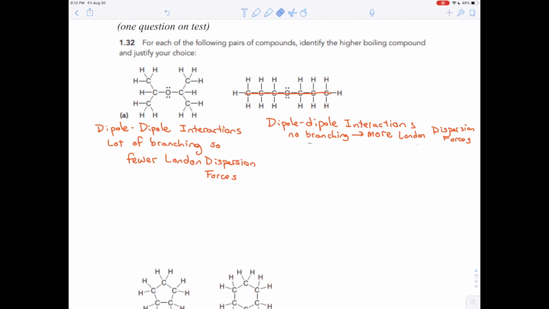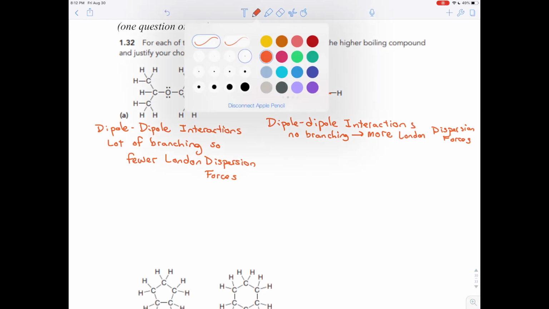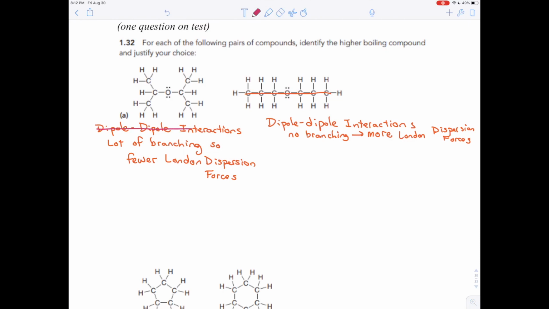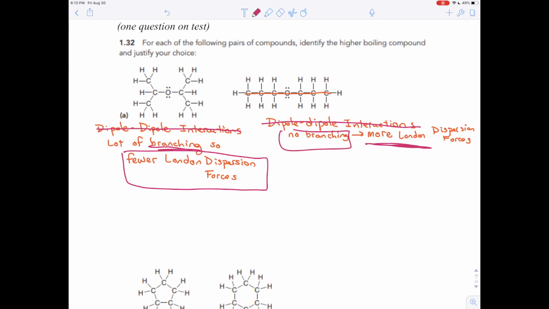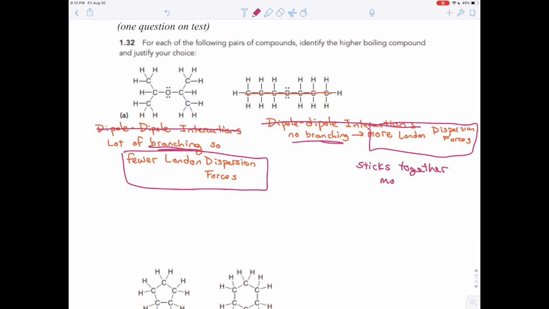So when you're comparing these two molecules, you would notice that they both have dipole-dipole interactions, so those tie. But when you get to the London dispersion forces, the one on the left has fewer because of the branching, and the one on the right has more because there's no branching. And so the one with more intermolecular forces sticks together more.